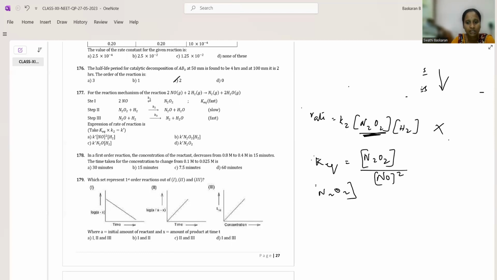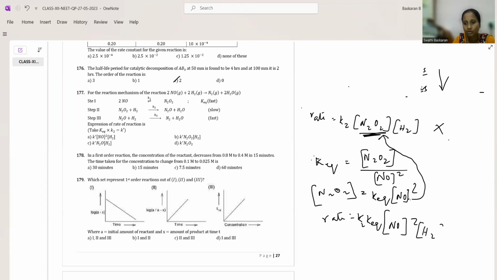N2O2 is an intermediate, so it cannot be part of the rate equation. Hence it will become K equilibrium into NO square. Now this value will be substituted in place of this here. So it will become what? Now rate is equal to K2 into K equilibrium, then NO square and H2.